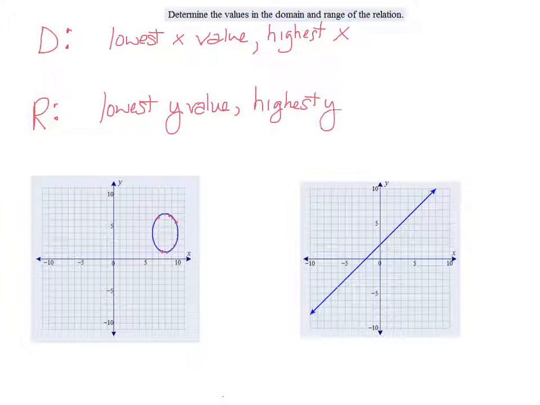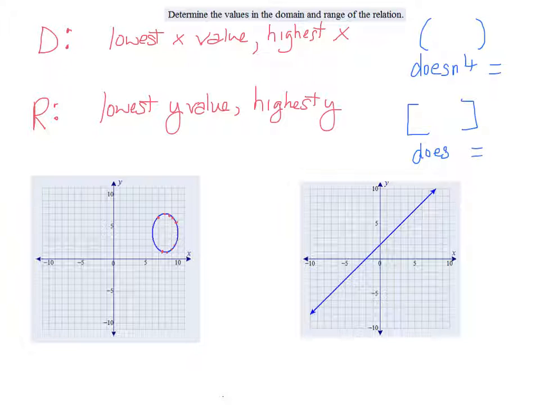Now, once you find what the lowest and the highest are, you will either use parentheses around them, and this goes back to when you did your inequalities. You're going to use parentheses if it doesn't actually equal that value, but you'll use brackets if it does equal that value.